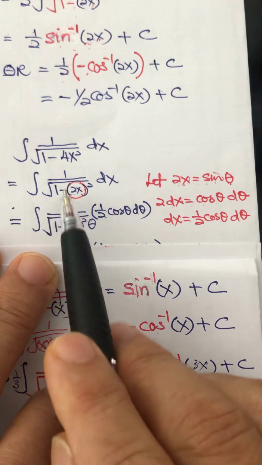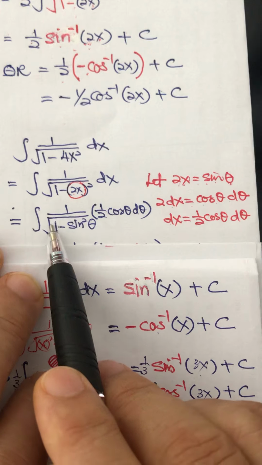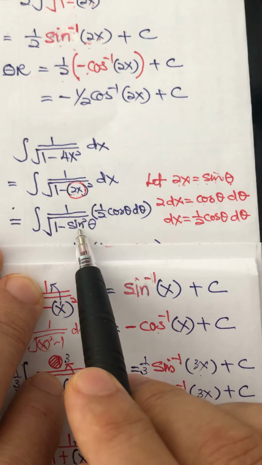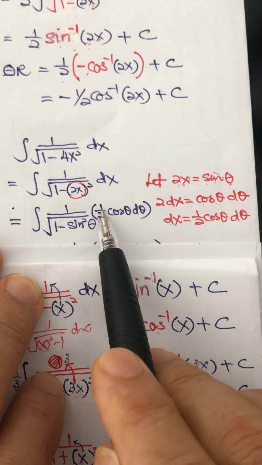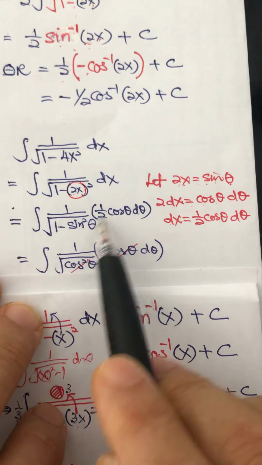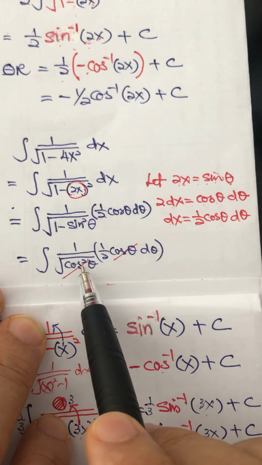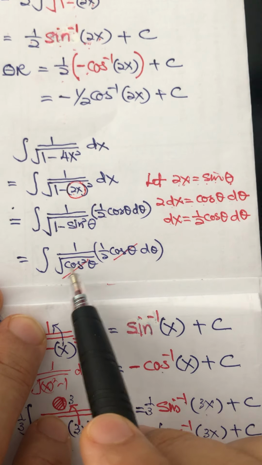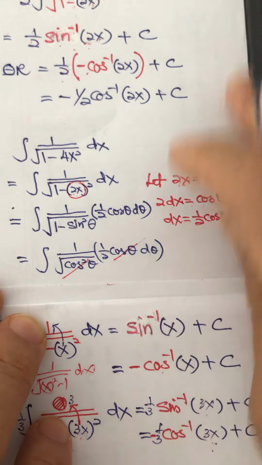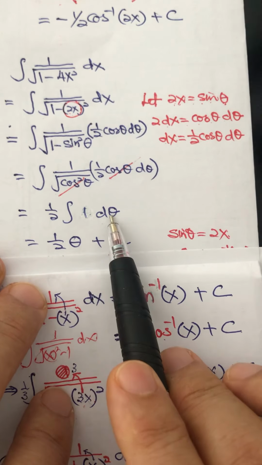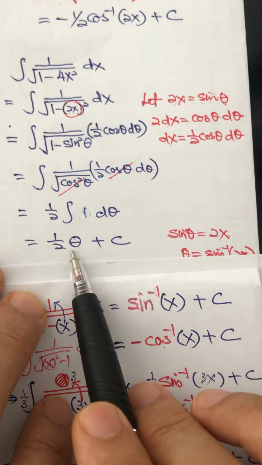Substituting, 1 over the square root of 1 minus sine squared theta, which is cos squared theta. The square root of cos squared theta is cos theta, so the cos theta cancels. Therefore you get a half, and you integrate d theta to get theta.